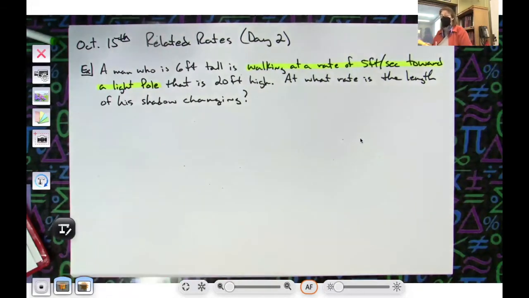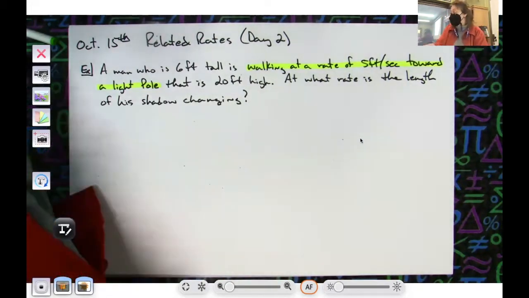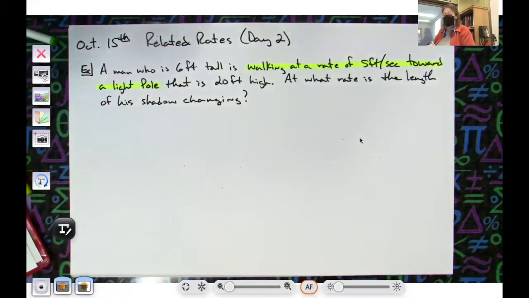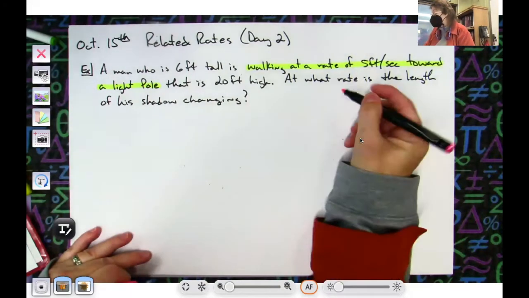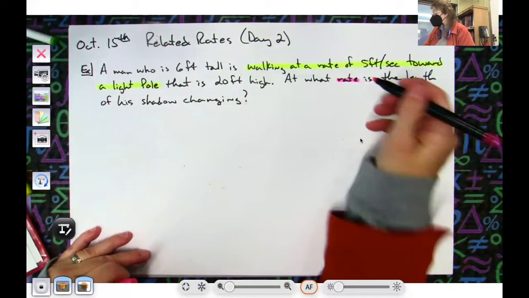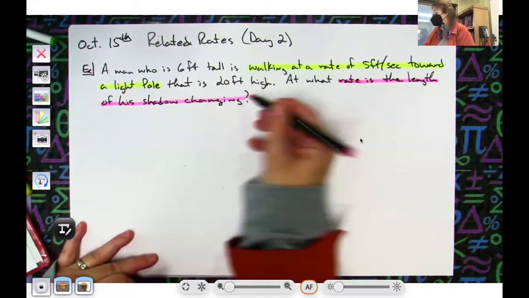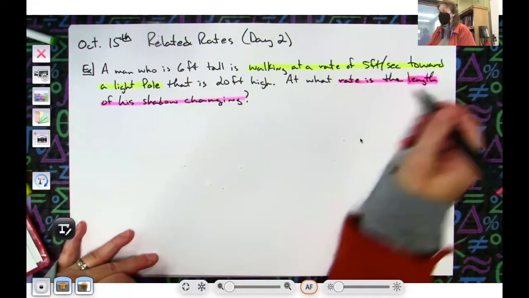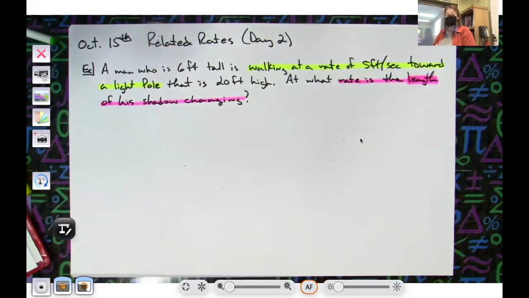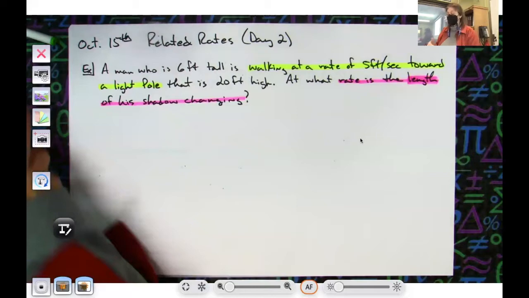That's going to tell you how to set up your picture. And then at what rate, so we're clearly trying to find a rate, is the length of his shadow changing. That's going to tell you what you're trying to find.